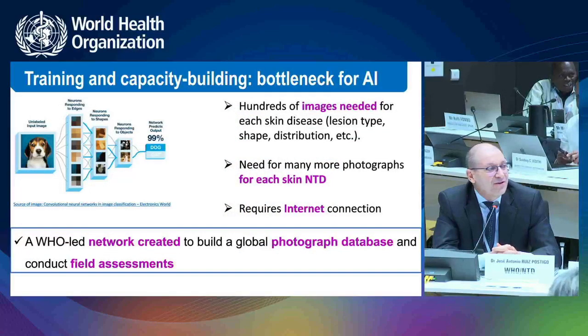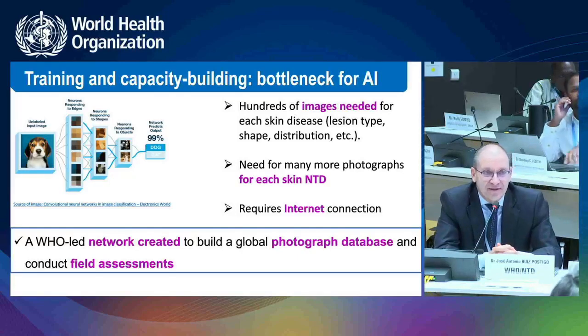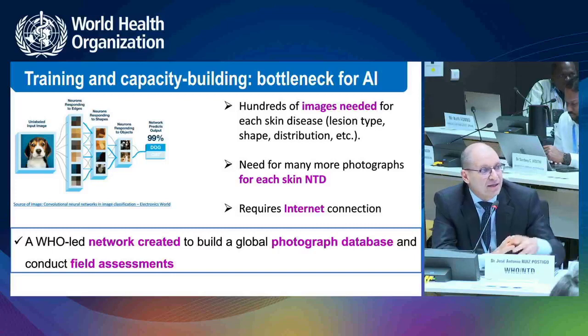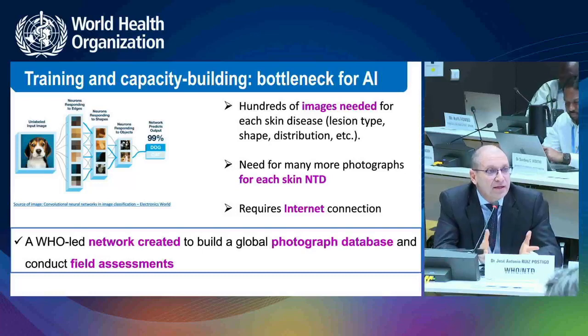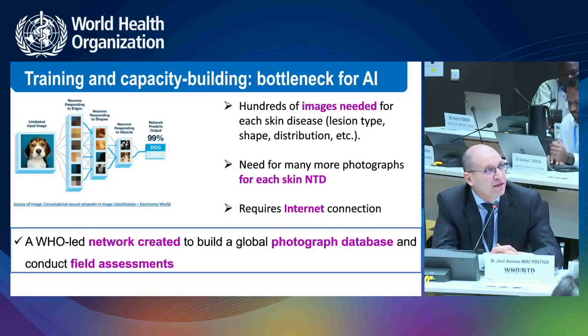But not all that glitters is gold. And there are bottlenecks with artificial intelligence, as it happens with teledermatology. Well, first, you need an internet connection. Without internet, you cannot access the photos in the cloud.